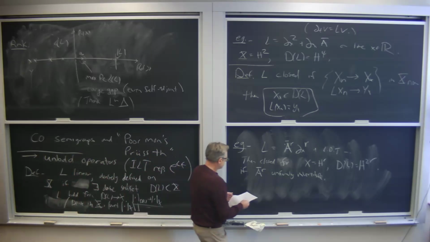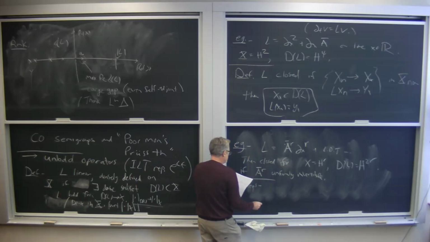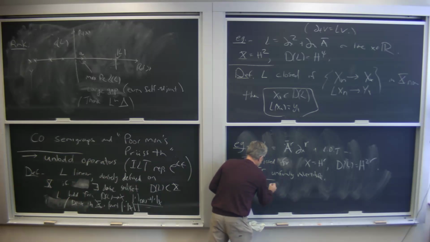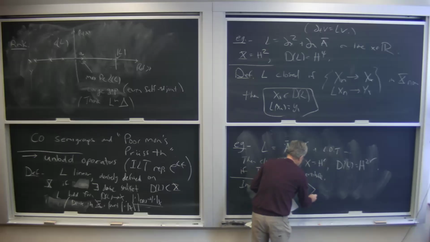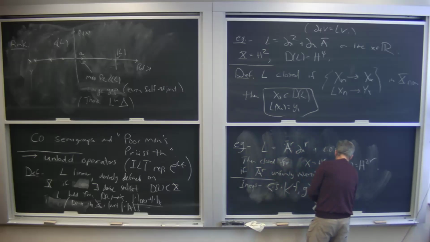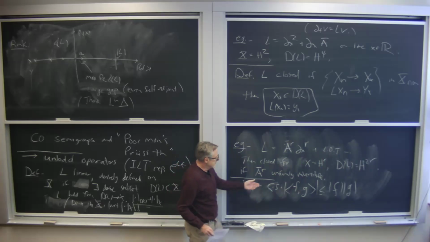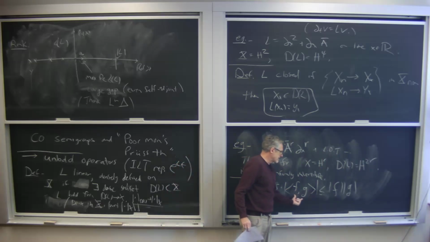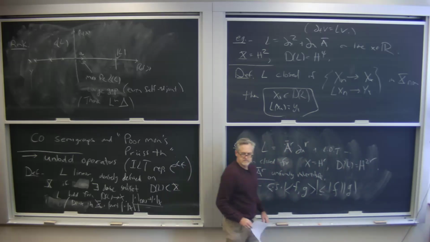So the inequalities we'll use are Cauchy-Schwarz: the L2 inner product of F and G is of size less than or equal to the product of the norm of F and the norm of G, in the HS inner product, this is the HS norm.